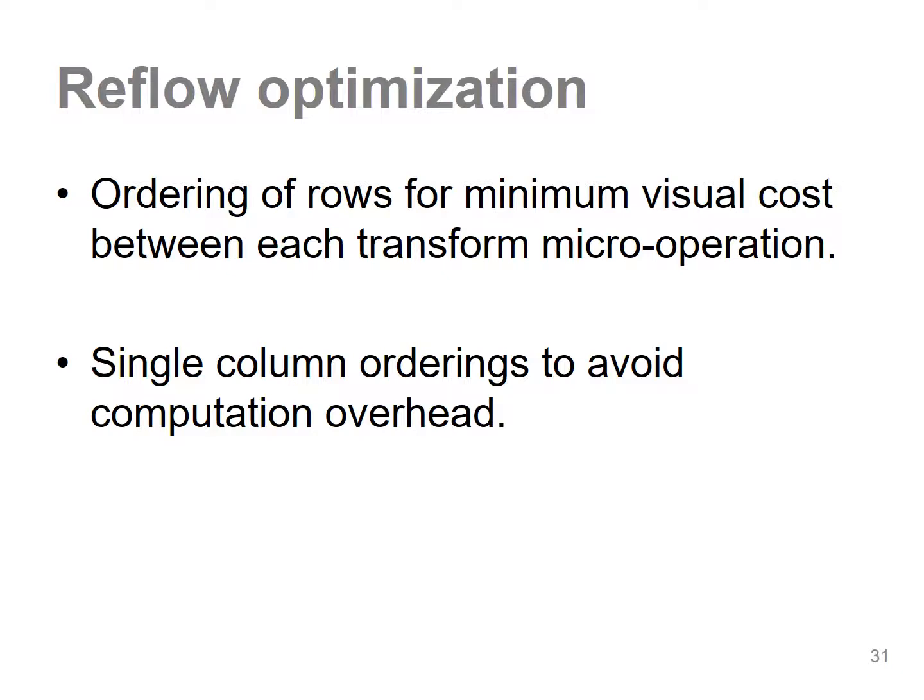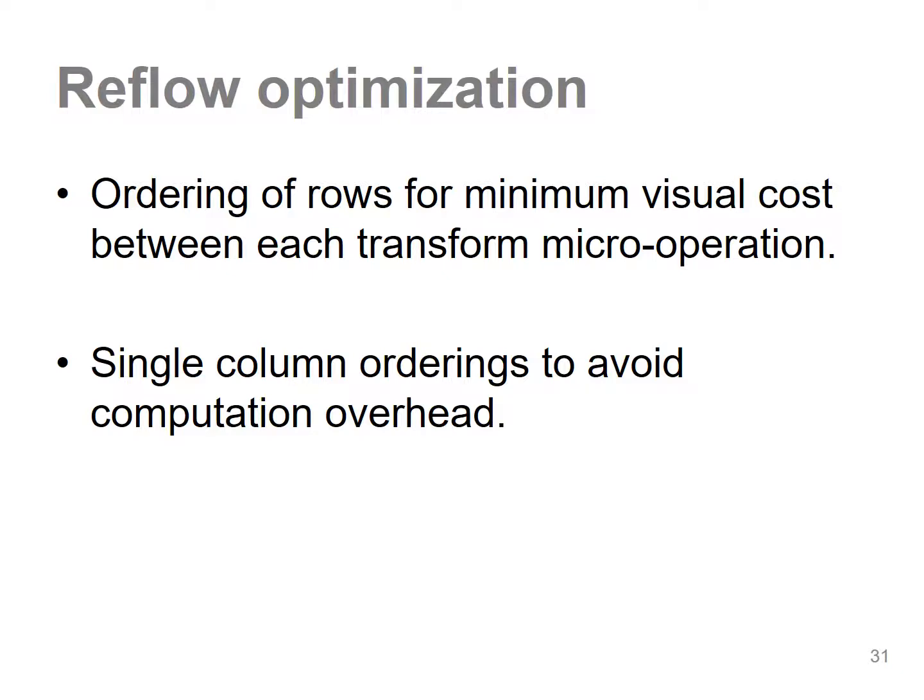So to do that, between each data-transforming micro operation in the tweening sequence, we perform an ordering of rows and check which of the orderings would result in minimum visual cost between consecutive operations. And we use only single column orderings to determine a minimum cost order.